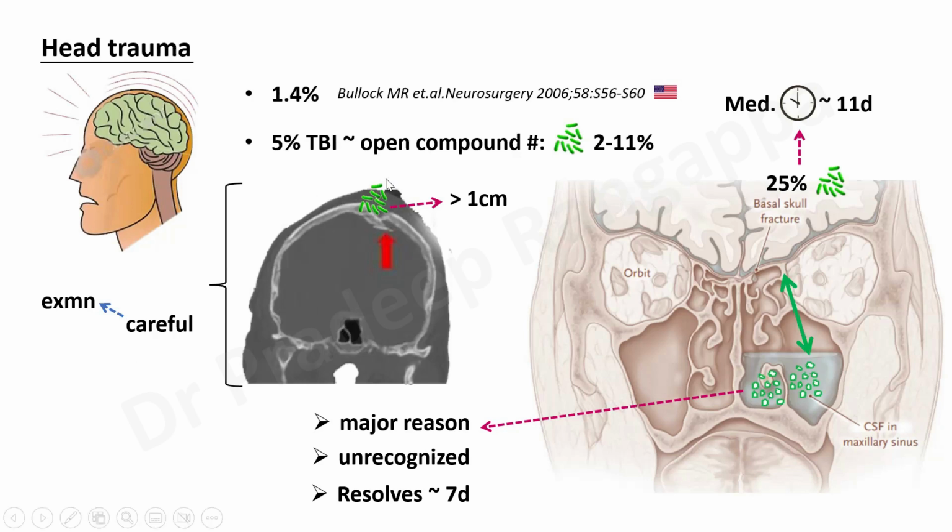So one has to carefully examine for any contamination of these depressed fractures, because this can easily lead to meningitis. And this should be very carefully debrided, because if this is not addressed neurosurgically, the risk of meningitis increases. And maybe in this case, prophylactic antibiotics, as per the policy or protocol of the ICU, one has to institute.